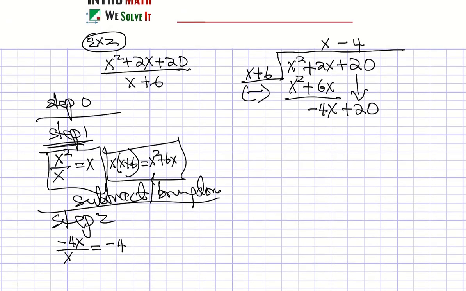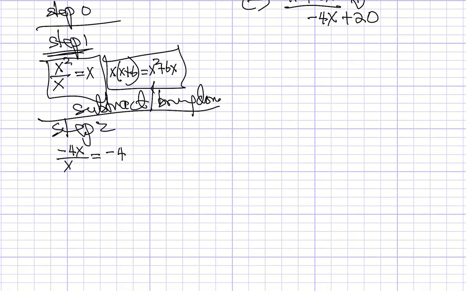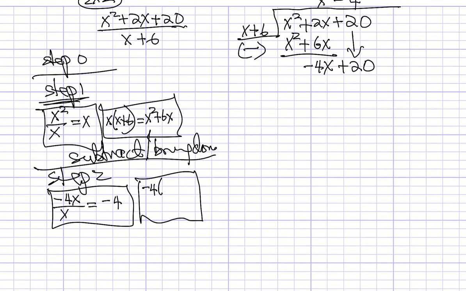Negative 4. Okay? And you can put that in a box like that. It's up to you, man. Then you say negative 4 times x plus 6 is equal to, what is that? Negative 4x negative 12. You see that, right? So you put negative 4x negative 12, and then you're subtracting.